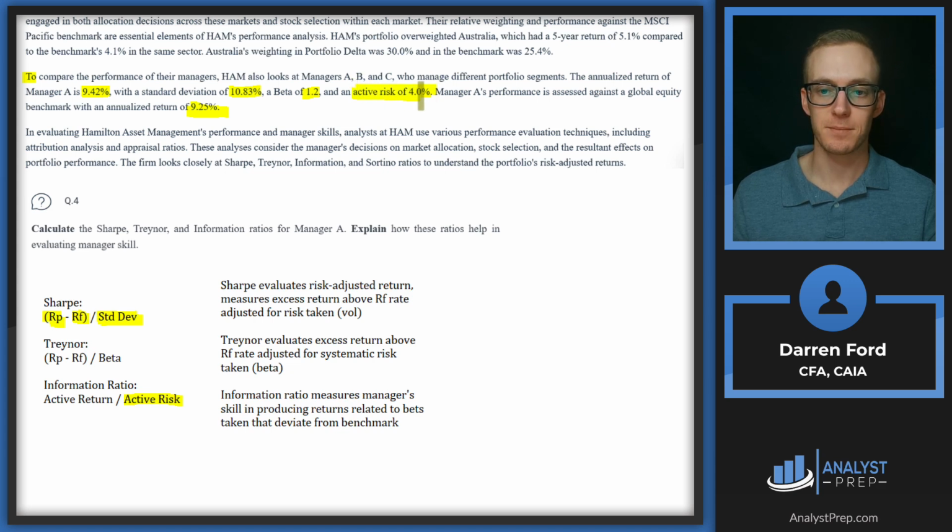You want active return to be higher, and the higher active return is relative to active risk, the higher your information ratio. So if you're able to take less active risk but still generate a high active return, you're going to have a good information ratio. It tells you how good the manager is at deviating from the benchmark.